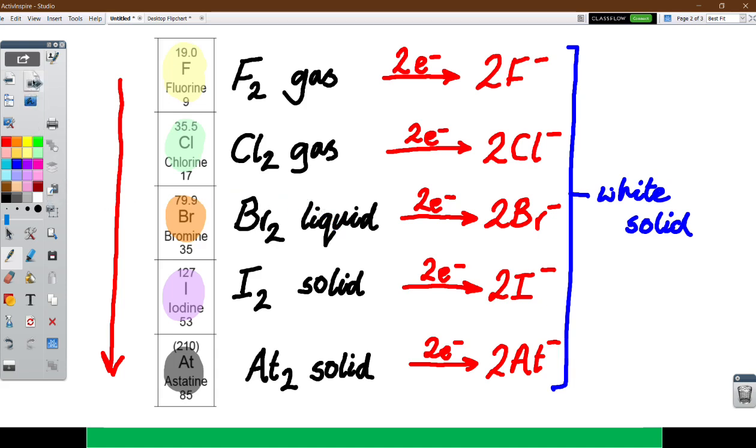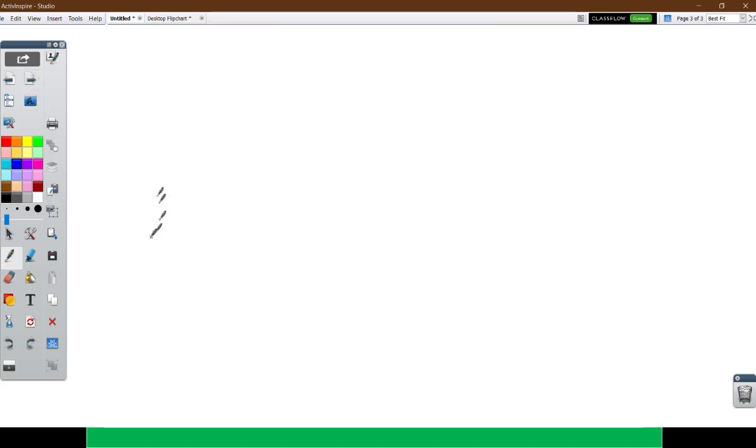One last thing before we move ahead with A2 work is it might be worth reminding yourself of this mnemonic which was taught to you in year 12.